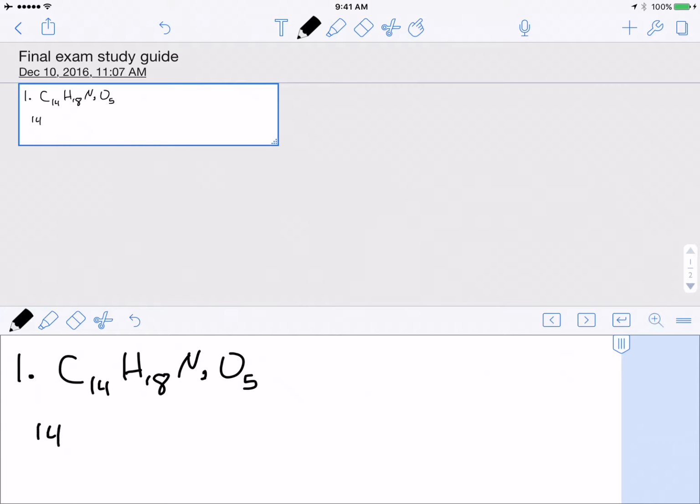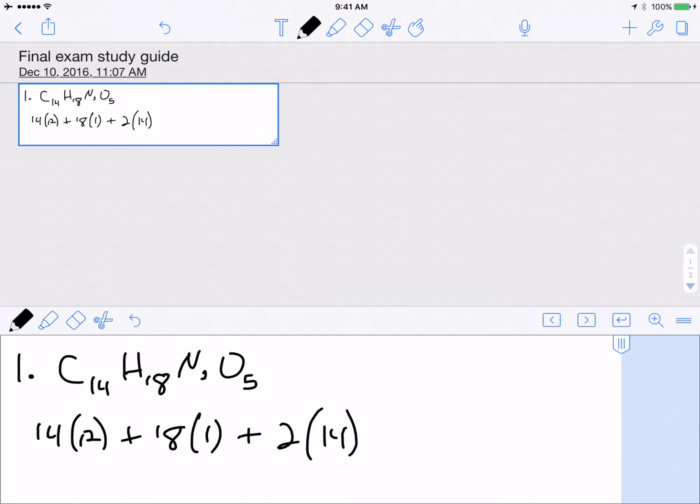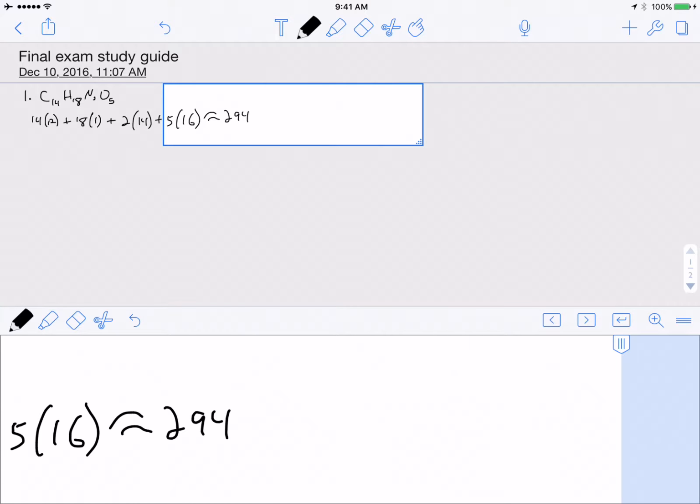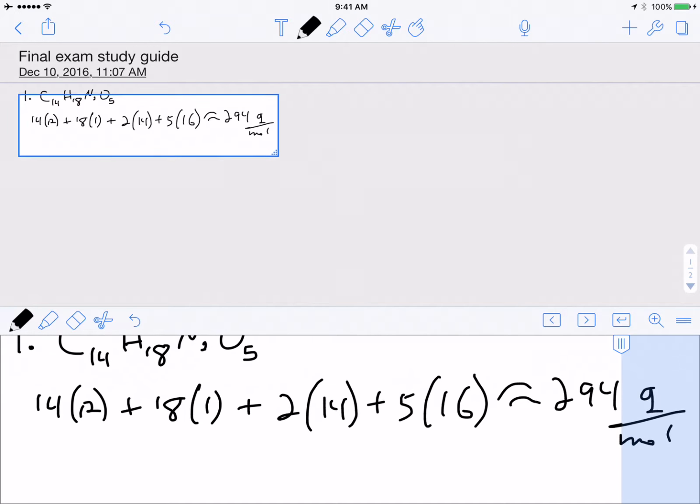Now we have 14 carbons, which are 12, plus 18 hydrogens, which are 1, plus 2 nitrogens, which are 14, plus 5 oxygens, which are 16. Add all that together, about 294 grams per mole. We just got that straight from the atomic masses on the table.